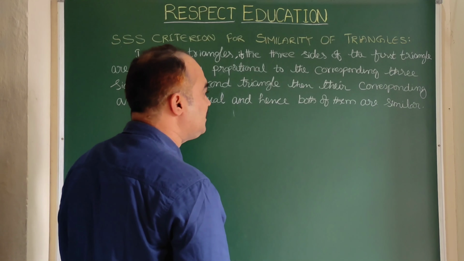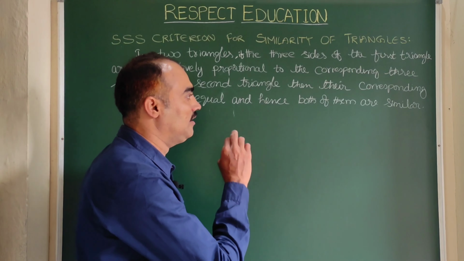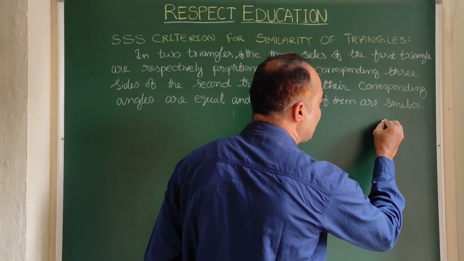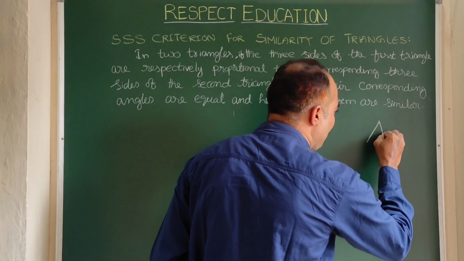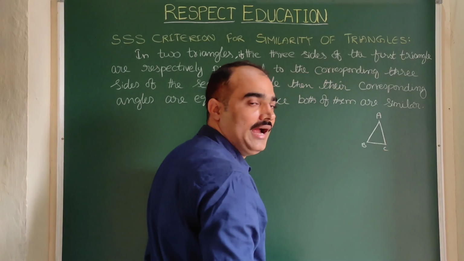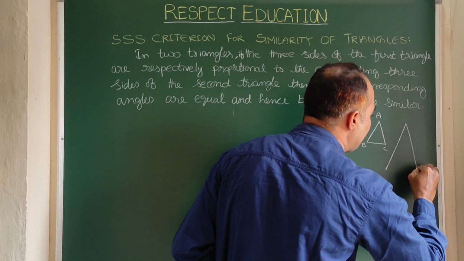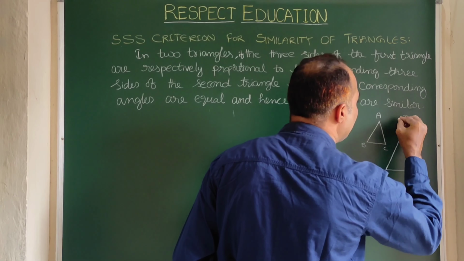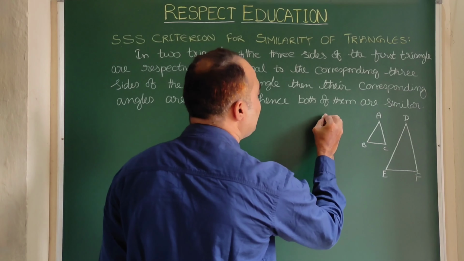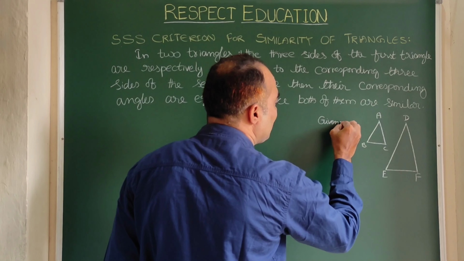So here let us start the proof of this criterion. First consider two triangles, name them ABC, this is ABC, and another triangle labeled D, E and F. Now let us write the given condition.